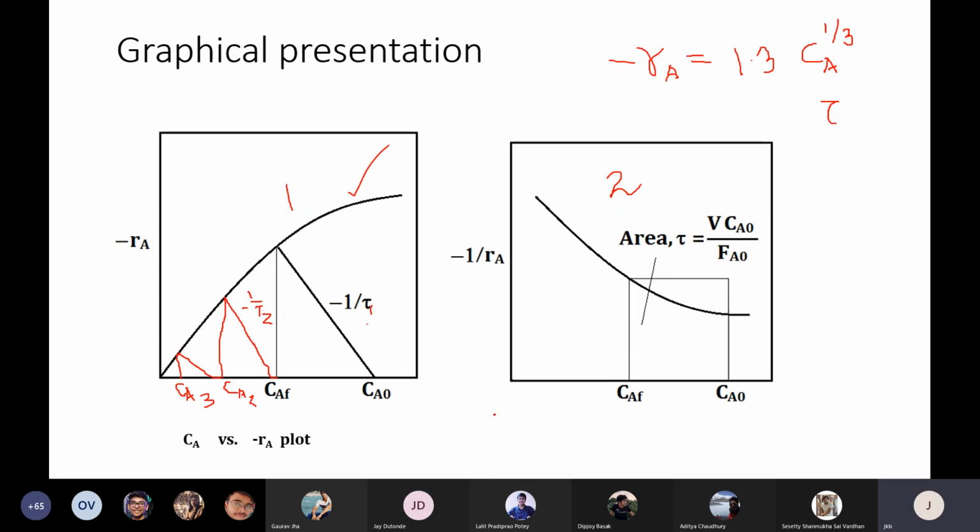Okay, leave it. I am drawing here. Say this is first reactor. This is second reactor. This is third reactor. Is it visible? These three? These three reactors? Yes or no? Yes, sir.